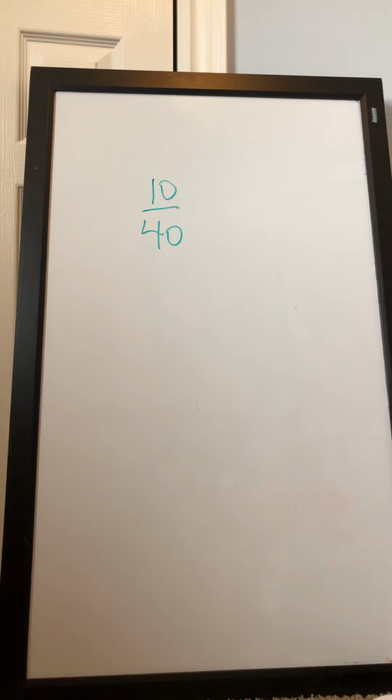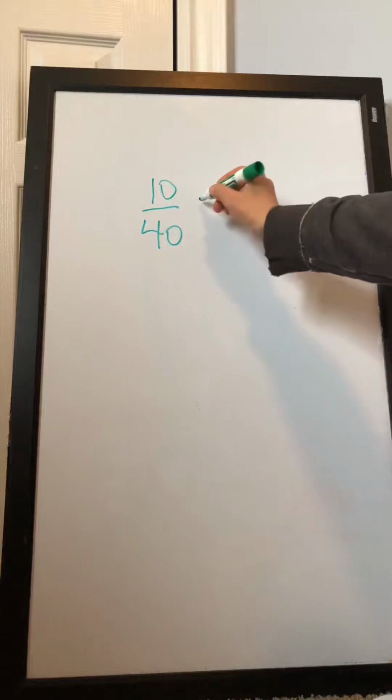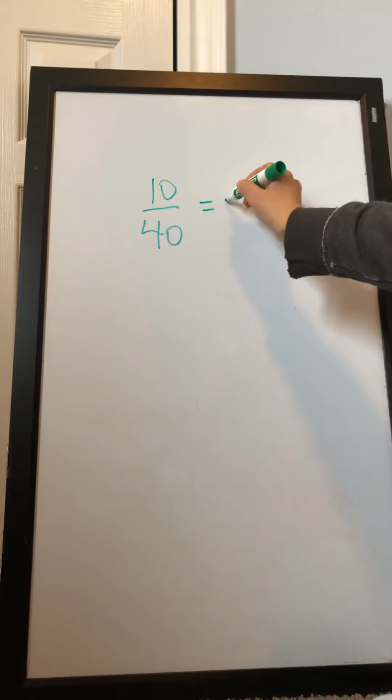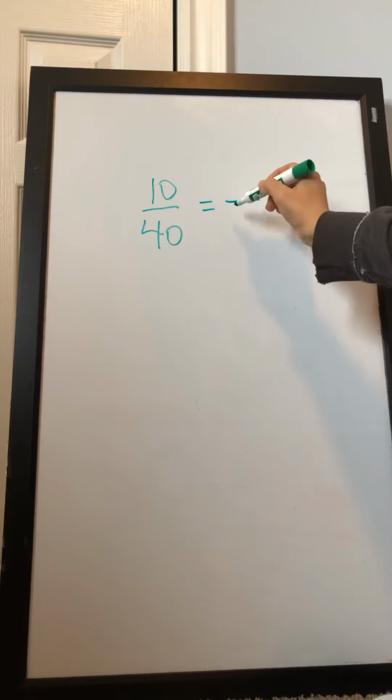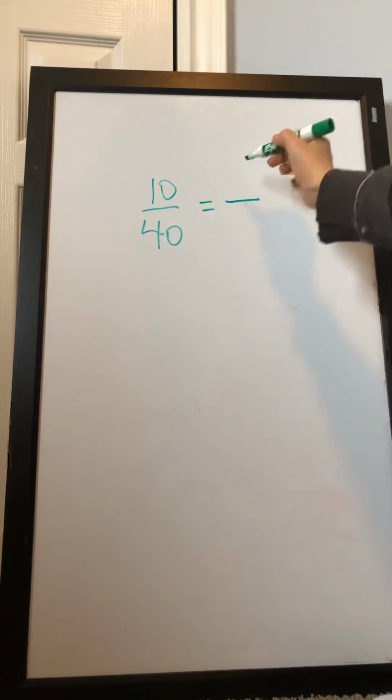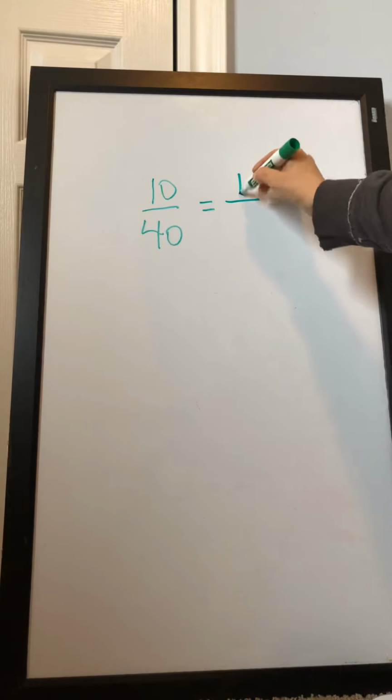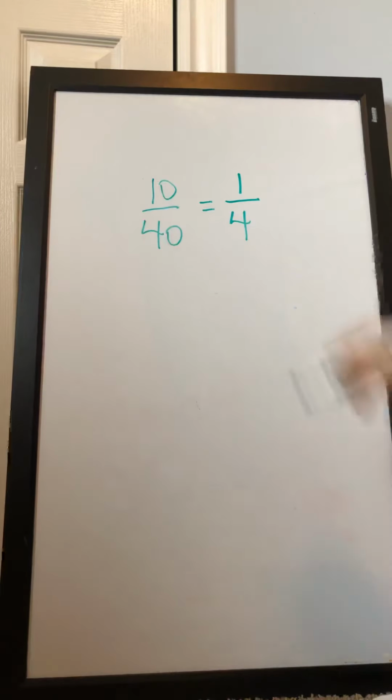So I need to get 40 to 100. That's my goal. So if I divide both numbers by 10, I'm going to get 1 over 4. Well, I now know that 4 times 25 will get me 100.